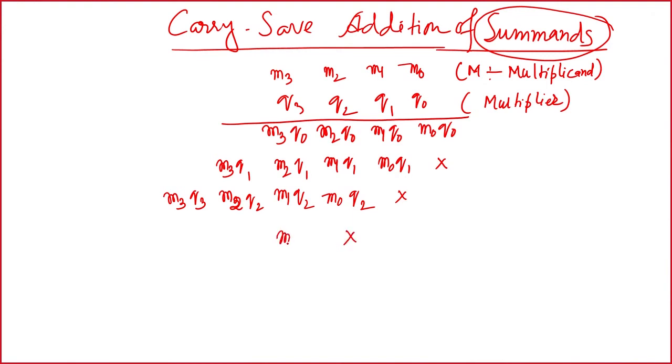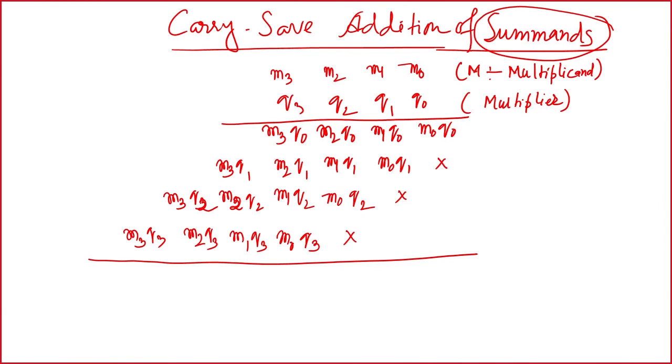Similarly, you can write m0 q3, m1 q3, m2 q3, m3 q3. That is what we do, right.